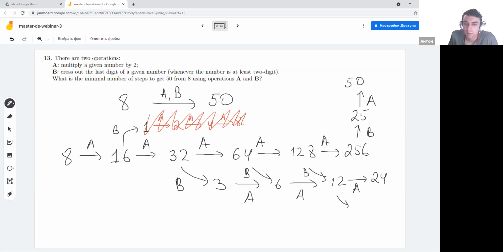If we use operation B, we get this unlucky one that we have already considered here. So no chain of 6 steps leads us to 50. And there is a chain of 7 steps which leads us to 50. So the answer, the length of the optimal solution, is 7.